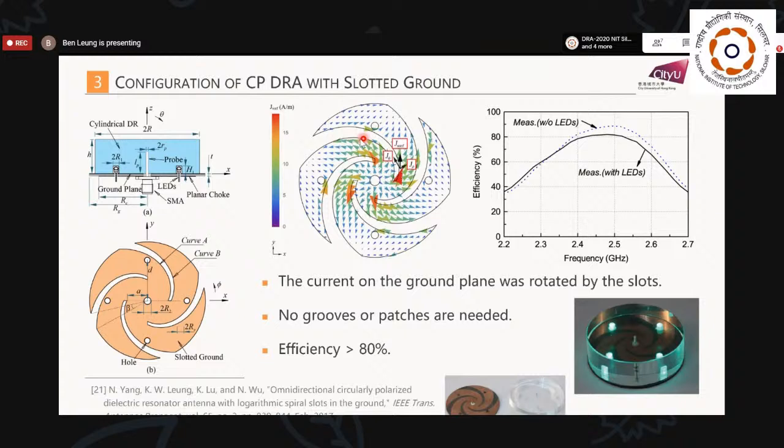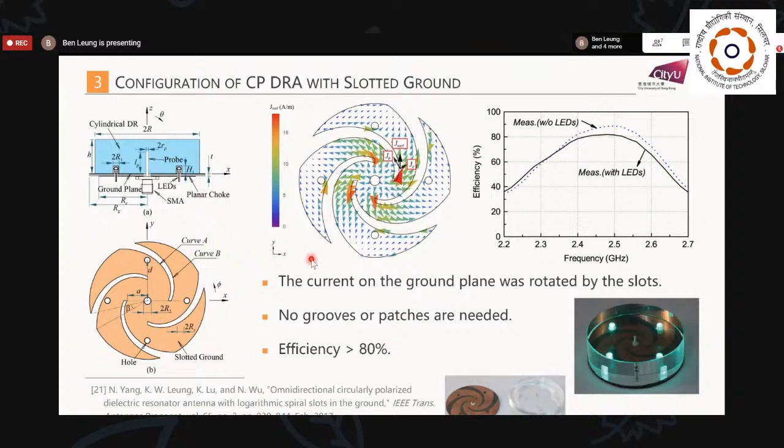Here, we introduce a spiral-shaped ground. So here you can see very clearly. We remove some metal on the ground and obtain a spiral-like ground plane. And because of this spiral-like ground plane structure, a CP can be generated.